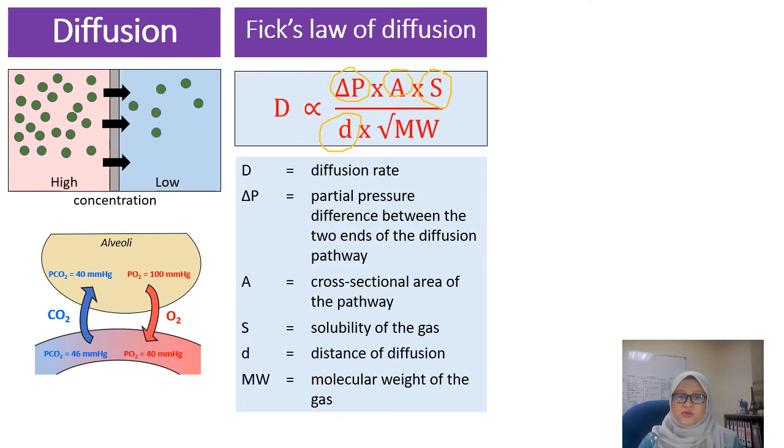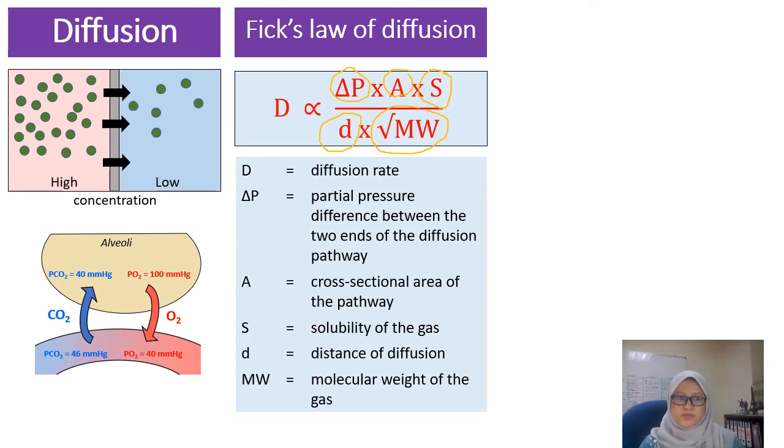Diffusion rate is also inversely proportional to the molecular weight or the size of the gas, meaning if the molecular weight is bigger, the diffusion rate will reduce. So these are the factors that determine the diffusion rate.